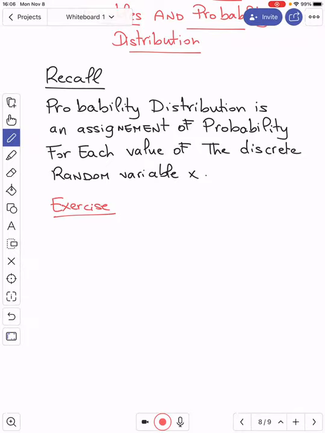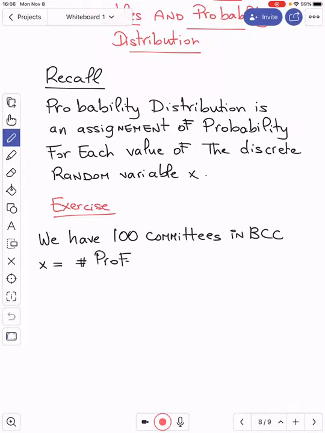So we said we have like 100 committees in BCC, and your variable X is going to be the number of professors in the committee.